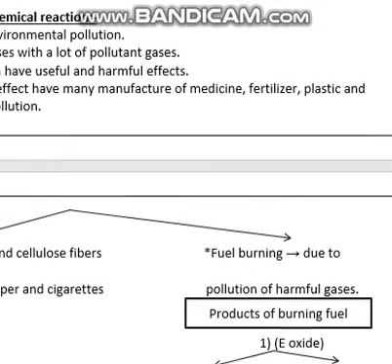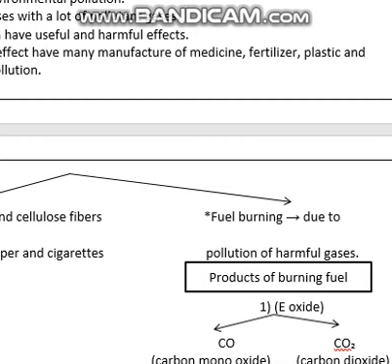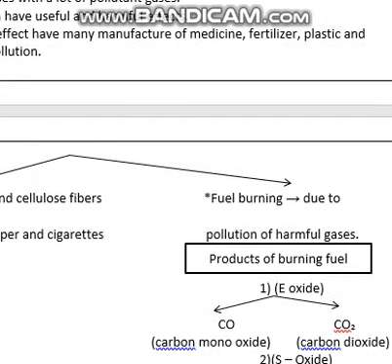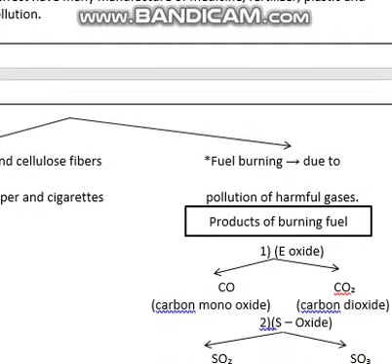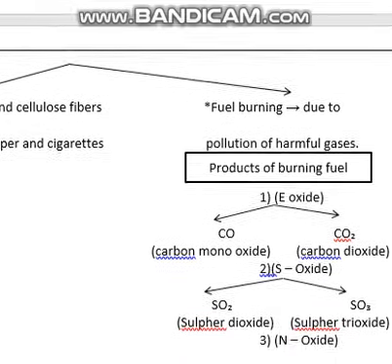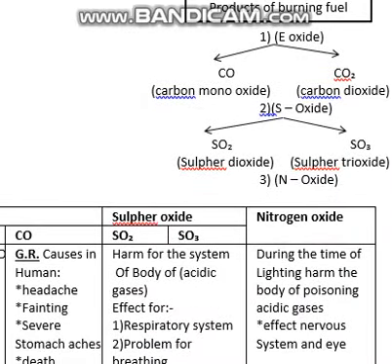Burning of coal and cellulose fiber causes pollution by harmful gases, for example burning paper and cigarettes. Fuel burning also causes pollution, and when you burn fuel you produce three kinds of products: carbon oxide, sulfur oxide and nitrogen oxide.